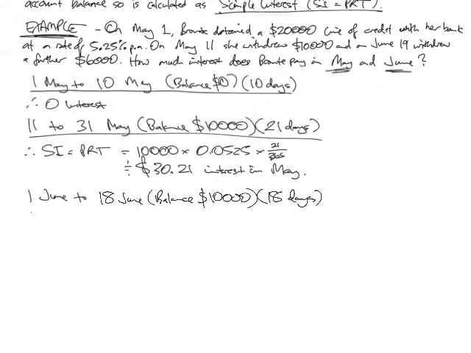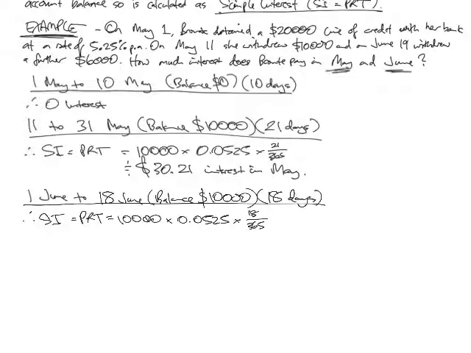Alright, so therefore, simple interest is equal to PRT, which is the balance of 10,000 that she's used, times the interest rate as a decimal, times the number of days as a fraction of years, 365. And that approximately equals, so grab the calculator again, work out the fraction first: 18 divided by 365, times the rate, 0.0525, times the balance of 10,000.